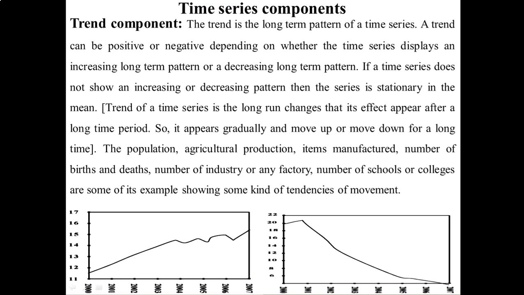The first component, trend component. The trend is the long-term pattern of a time series. The important point here is that it is long term. A trend can be positive or negative. Positive like here and negative like this graph, depending on whether the time series displays an increasing long-term pattern or a decreasing long-term pattern.